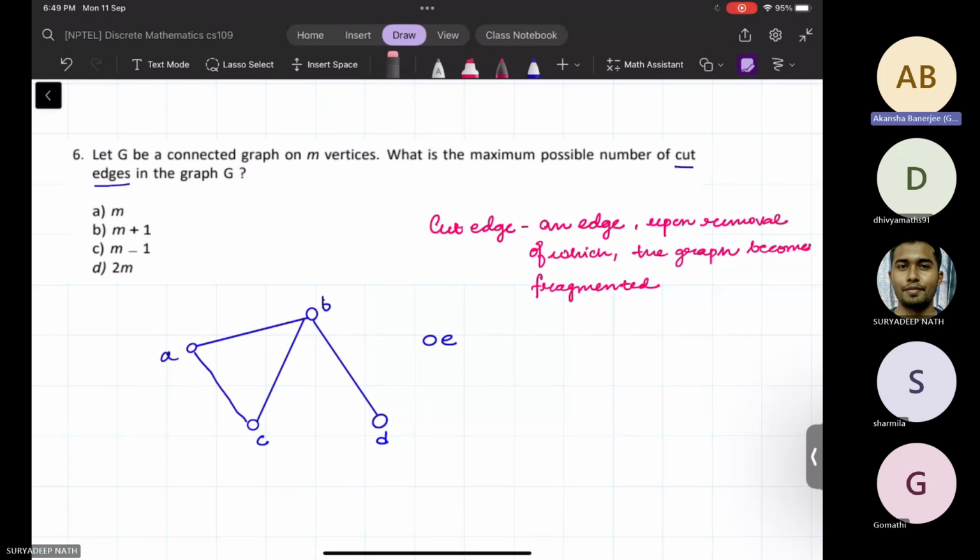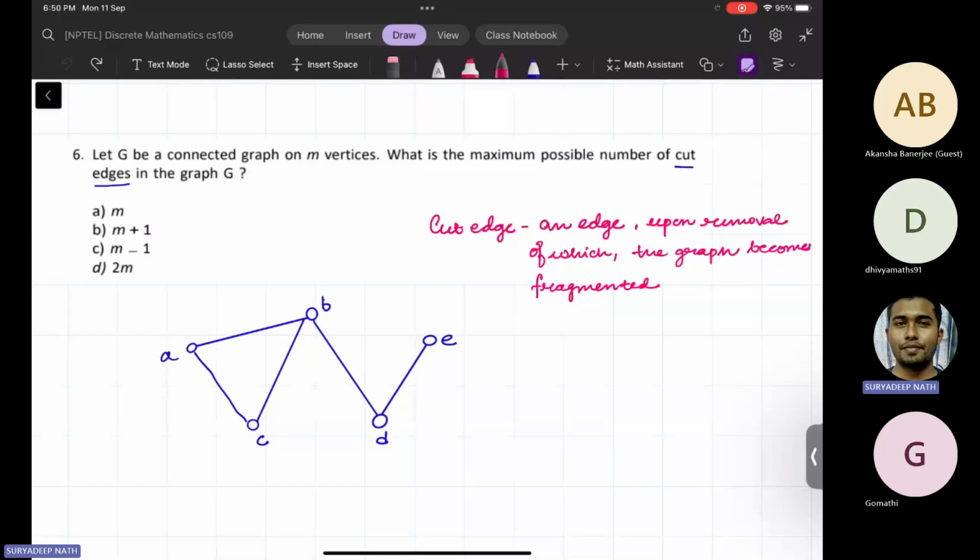Yes, sir, it becomes fragmented. Right. And if I remove this, it's disconnected. So these two are the cut edges. This marked by cross, so cross represents cut edge.